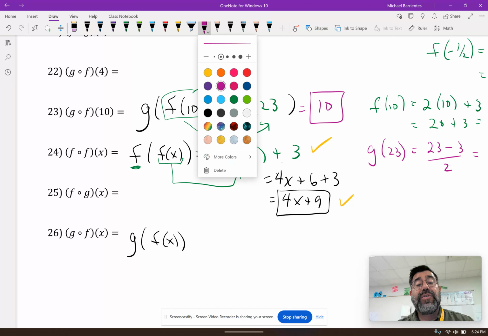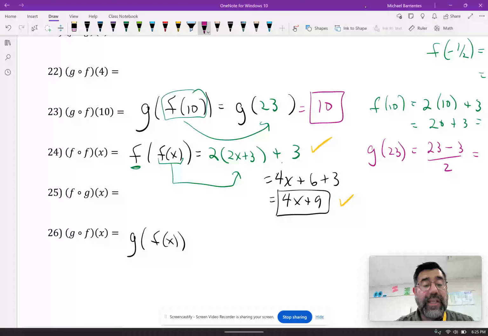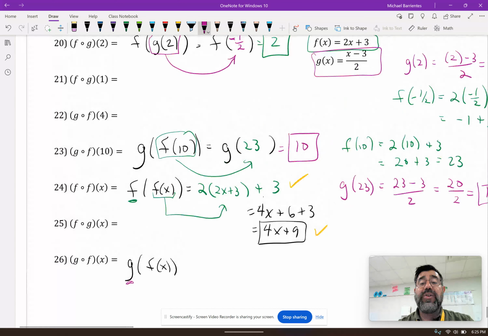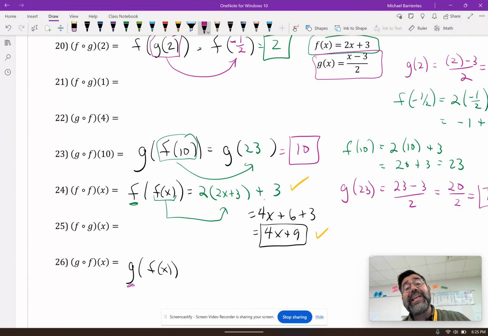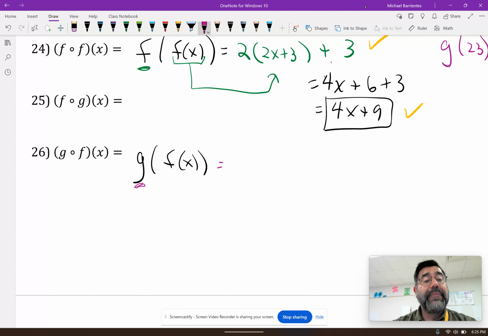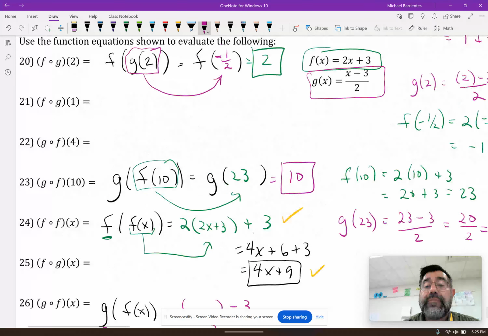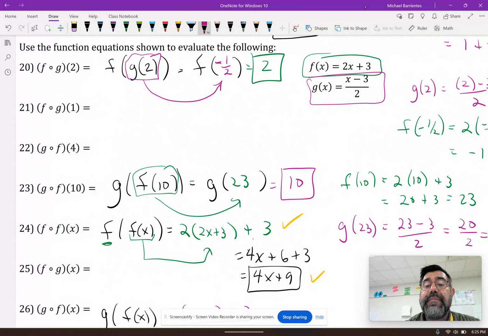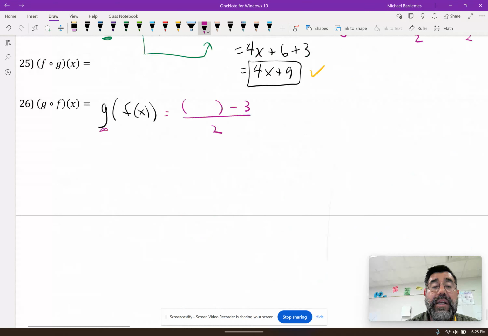Great. So I noticed that my outside function is g, so I go to my formula that says take your input, subtract 3, and then divide everything by 2. Okay. I'm going to take my input, subtract 3, and divide everything by 2.